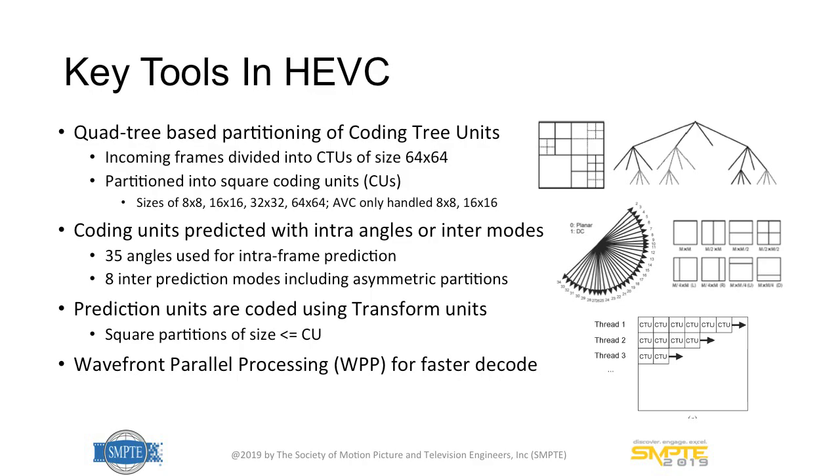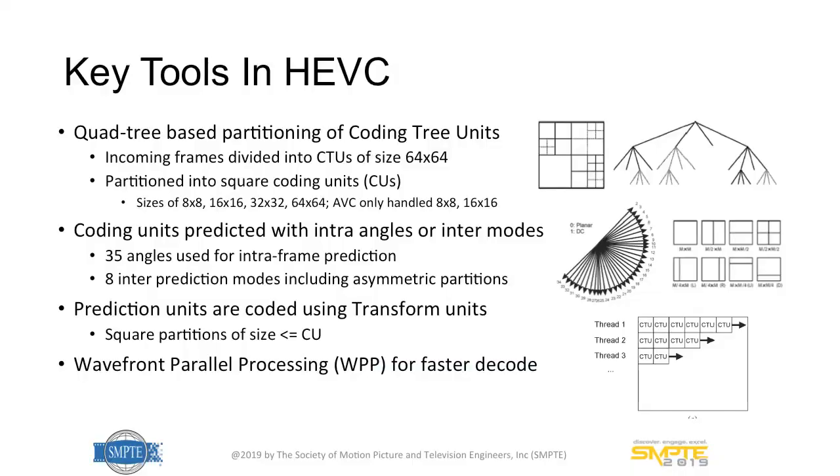So an incoming frame, let's say a 64 by 64 block of the frame, can be divided into 4 32 by 32 partitions, each of which can further be divided into 4 16 by 16, each of which can further go into 8 by 8. Right? So this gives you a quad tree like structure, and every block can independently be chosen as to whether you want to stop at 32 by 32 or at 16 by 16 or 8 by 8. And it's completely independent for each block. So this is one of the key tools that enables significant compression in HEVC compared to AVC.